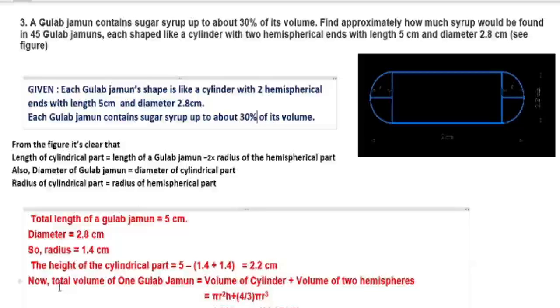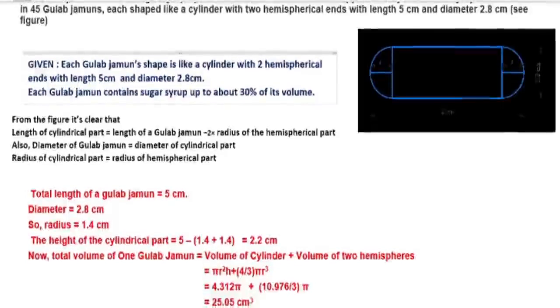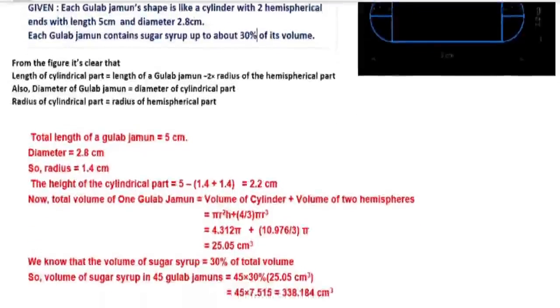Now first you find out the total volume of one gulab jamun, that is equal to volume of cylinder plus volume of two hemispheres. Volume of cylinder we can write the formula pi r square h, and volume of one hemisphere is 2 by 3 pi r cube, and two hemispheres the volume is 4 by 3 pi r cube.